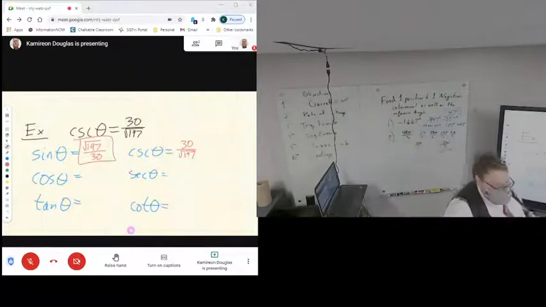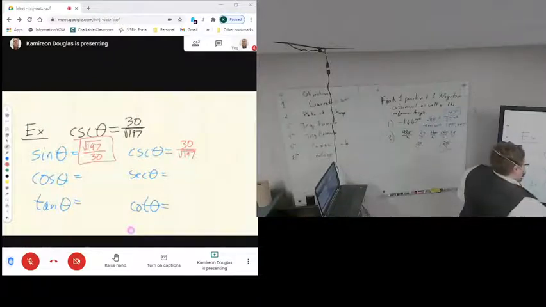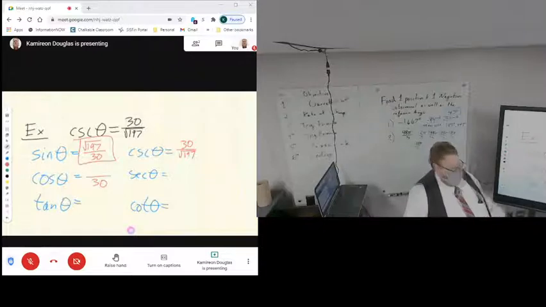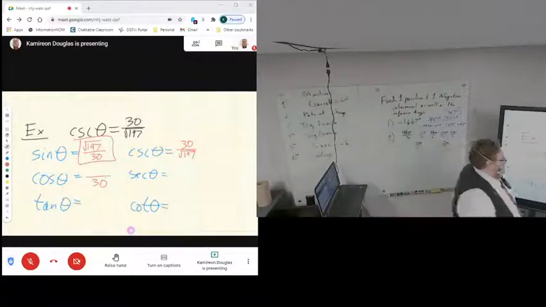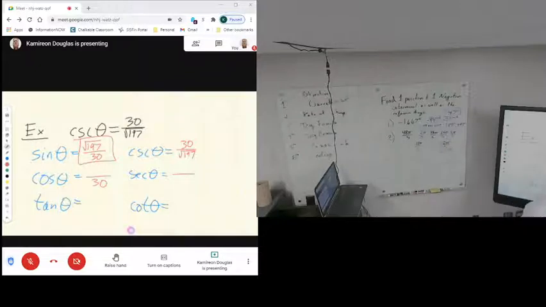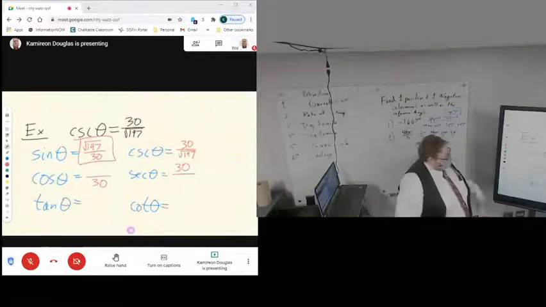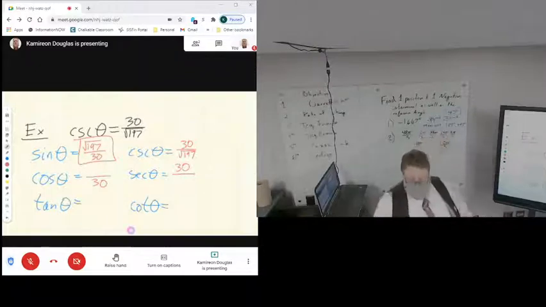In cosine, the bottom number is the h. What's the top number? Don't know yet. I know it's going to be there. On secant, the top number is the h. If I can find out what O is, if I can find out what A is, I can just plug it in and I'm already done.